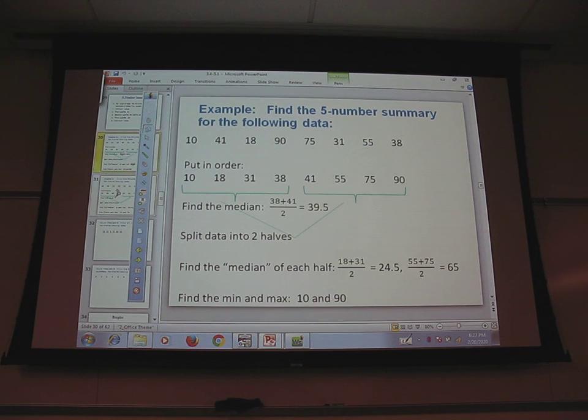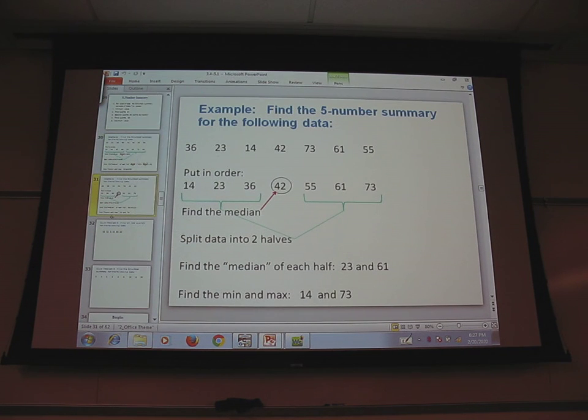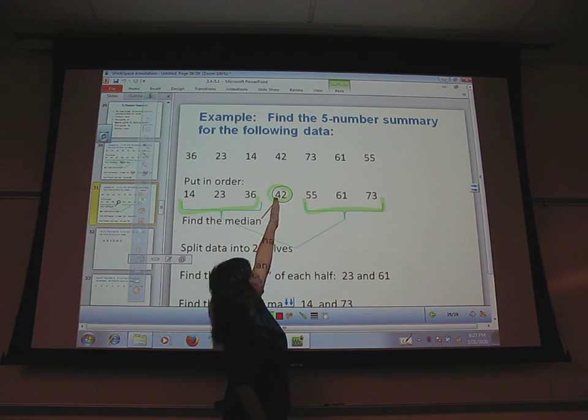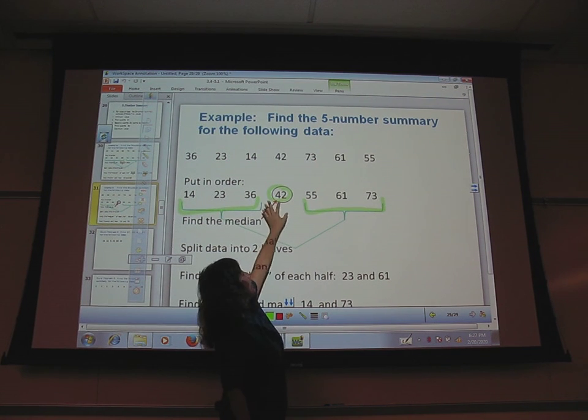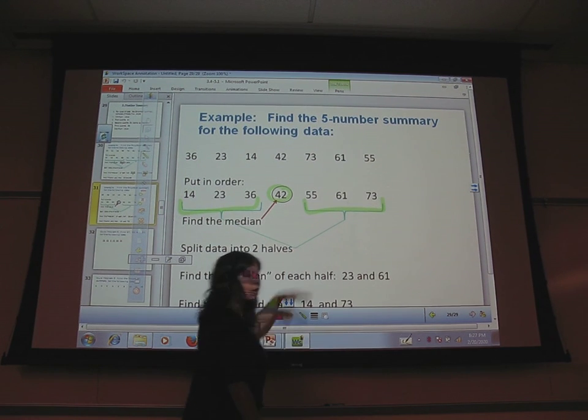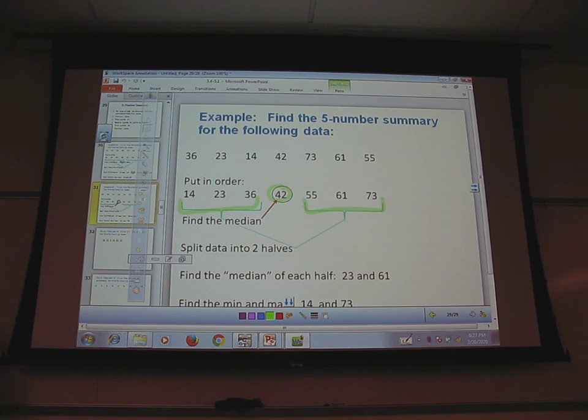Here's another extreme. Here's a bunch of data. I put it in order. Now, when I try to split it perfectly in half, it's odd. I can't split it in half. I have this guy here. I can't split him in half, so I have to ignore him and find the lower and upper halves around him. Do you understand what I'm saying? It's odd, so I can't split it perfectly in half. I wouldn't know where to put him, so I leave him out: lower half, upper half. And then the lower half, I find the median of that.